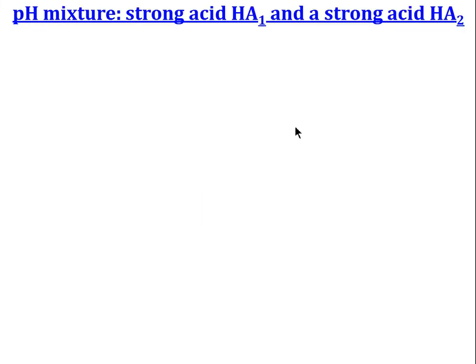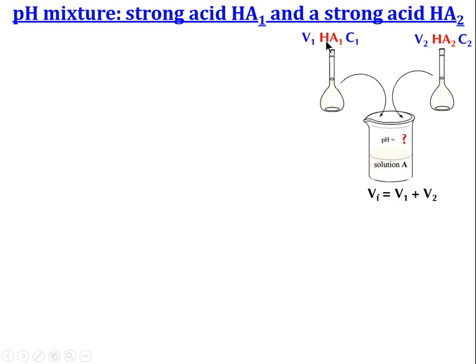pH calculation of a mixture of strong acid HA1 and another strong acid HA2. Suppose we mix HA1, a volume V1 of concentration C1, with HA2 of volume V2 and concentration C2.